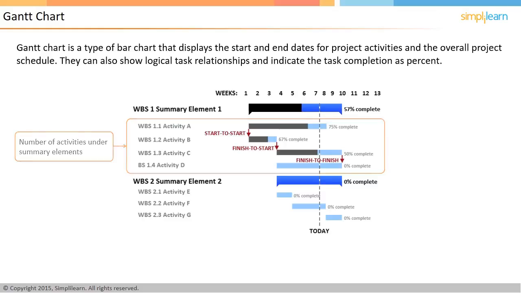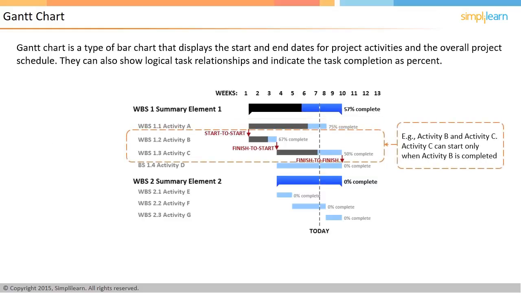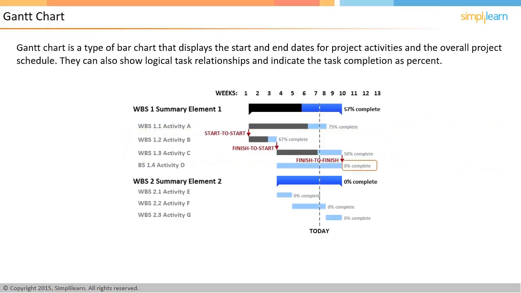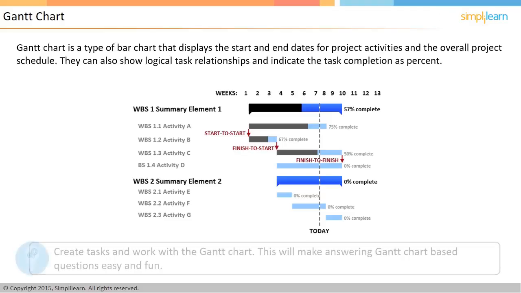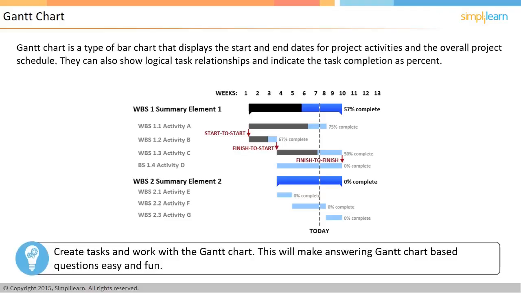For example, Activity B and C have a dependency. Activity C can start only when Activity B is completed. The chart gives you an idea about when specific activities are planned to finish and when the overall WBS element will get delivered. Create tasks and work with the Gantt chart. This will make answering Gantt chart-based questions easy and fun.